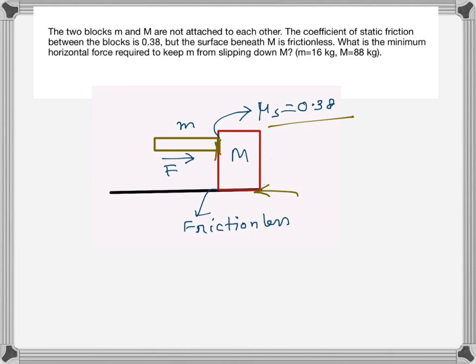We need to find the horizontal force required to keep this mass from slipping down. The horizontal force applied here will cause an acceleration of both masses, and there is no friction force here. This is a frictionless surface.